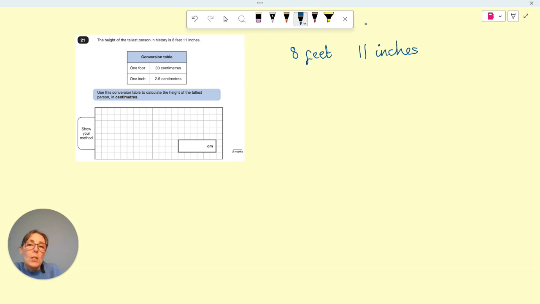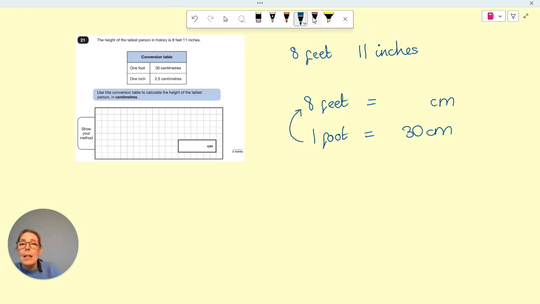So 1 foot is 30 centimeters. We've got to convert it to centimeters. So 8 feet equals how many centimeters? If 1 foot is equal to 30 centimeters, to get 1 to turn into 8, we could add 7, but that's not the way we do it.